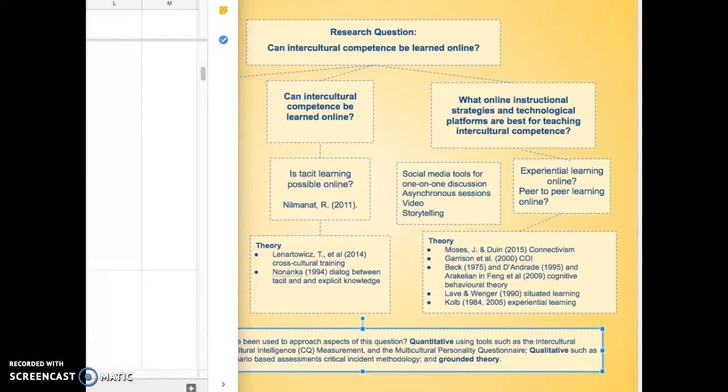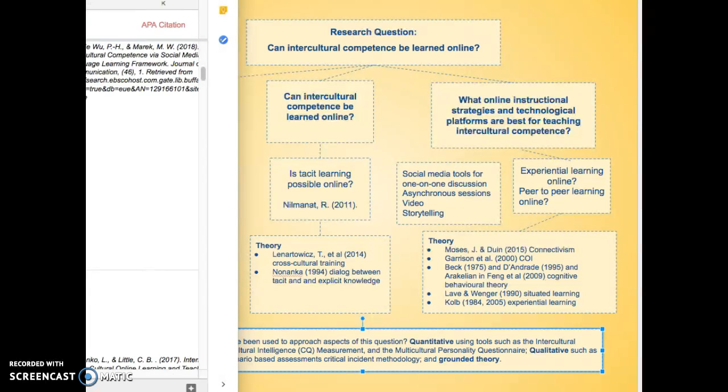A study by Wu and Marek looking at developing intercultural competence via social media engagement used qualitative data analysis, including their social media discussions and end-of-study questionnaires, teacher participant journals, all used for their analysis, which they explained they used because the sample number of participants was too small for any kind of quantitative data to be useful in forming generalizations.